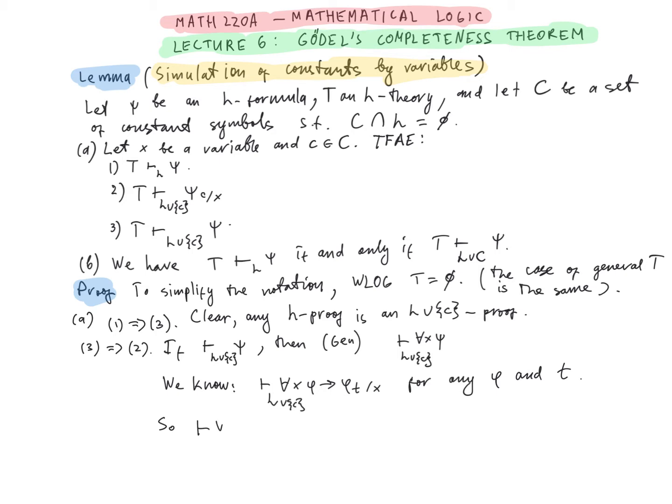So we have that for all x psi implies psi with c substituted in the place of x is provable in the sense of the language L union C. Hence, by modus ponens, we get that the formula psi with c substituted in the place of x is provable in the sense of the language L union C.